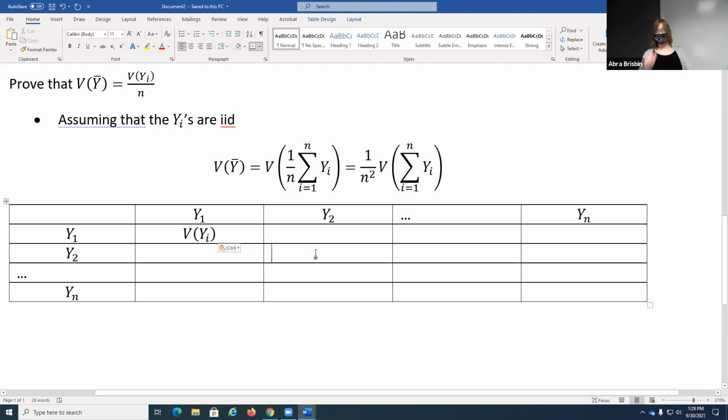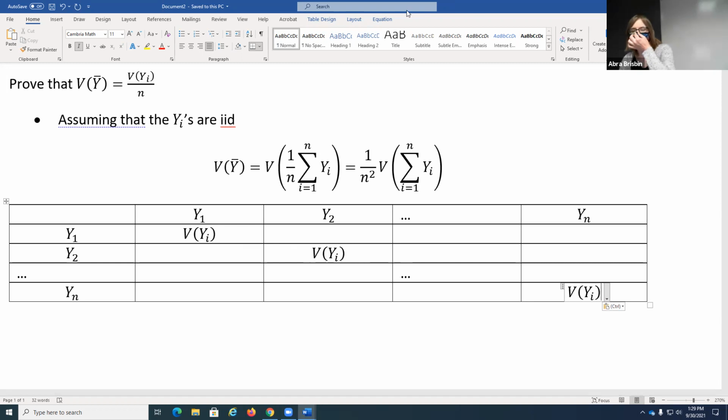Same thing for the variance of y sub 2, dot, dot, dot, and the variance of y sub n. So every value on the diagonal here is the variance of y sub i, and we have n copies of the variance of y sub i in this table.